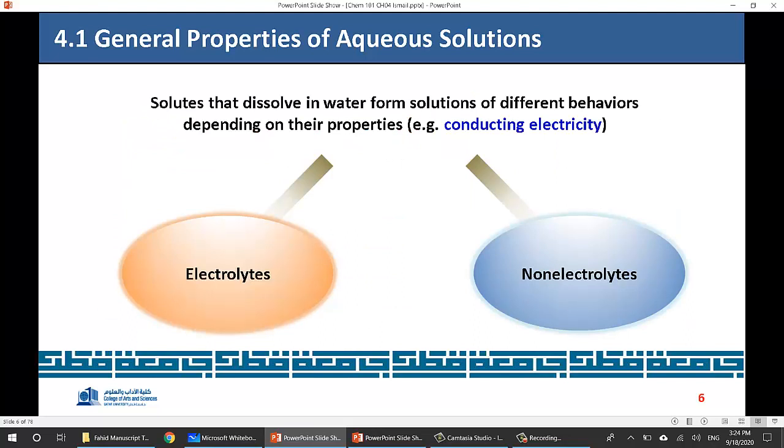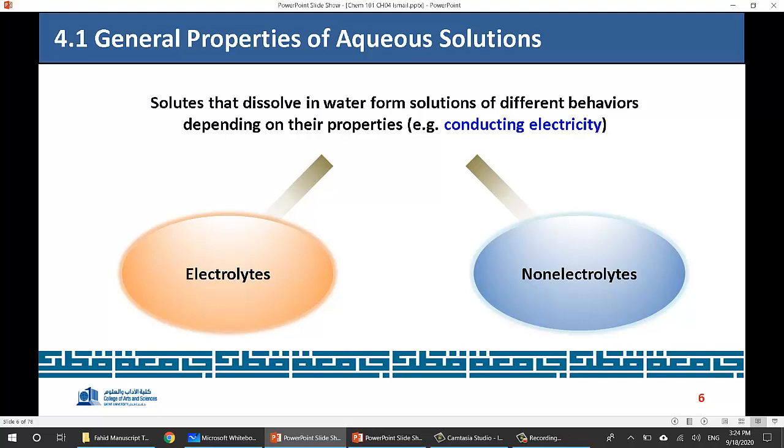Now we move on to classify materials or solutions into two categories: electrolytes and non-electrolytes. The word electrolyte means a solution that conducts electricity, and a non-electrolyte would not conduct electricity because there are no ions in it. Don't mix up the idea of solvation with electrolytes and non-electrolytes.